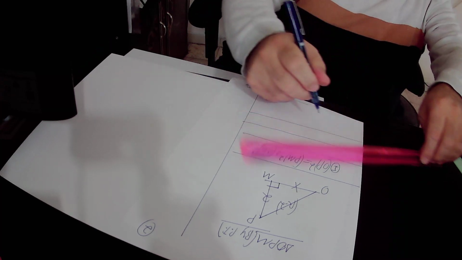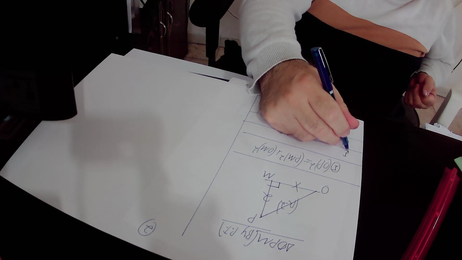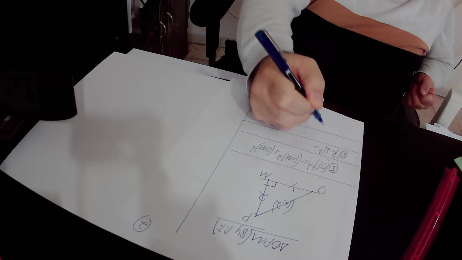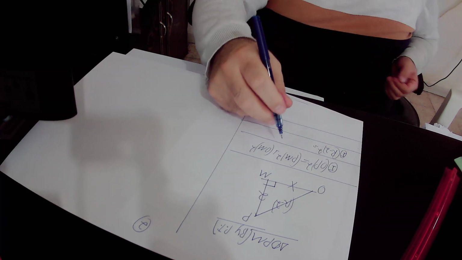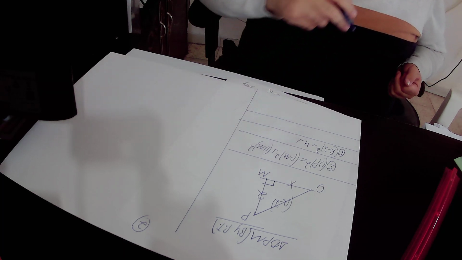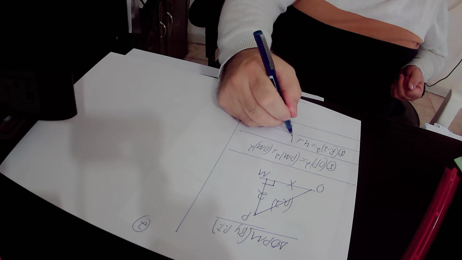So here the hypotenuse OP equals capital R minus 2, therefore OP squared equals capital R minus 2 squared, and it is equal to PM squared. PM equals 2, so PM squared is 2 squared, that is 4, plus OM squared. OM equals X, therefore OM squared equals X squared.